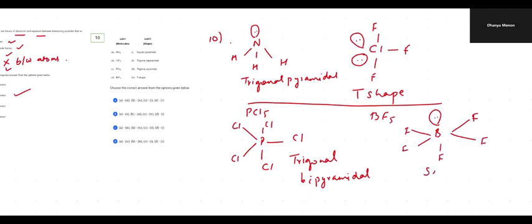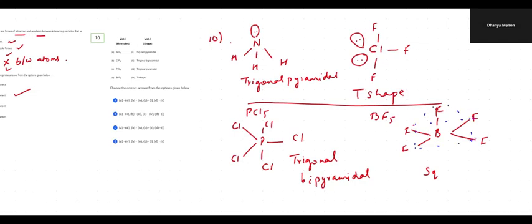So if we ignore the lone pair here, we do ignore the lone pair when we are talking about the shape. So what I would do is I would draw the fluorine here. So see, it has a square pyramidal shape.